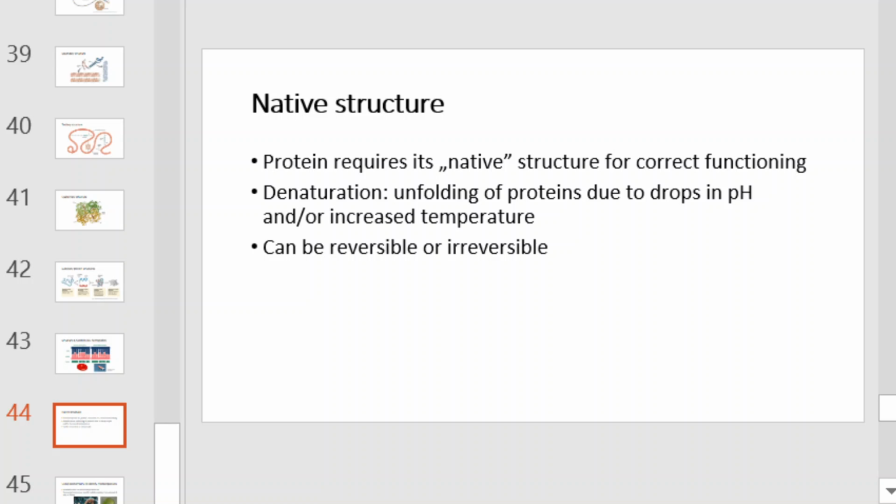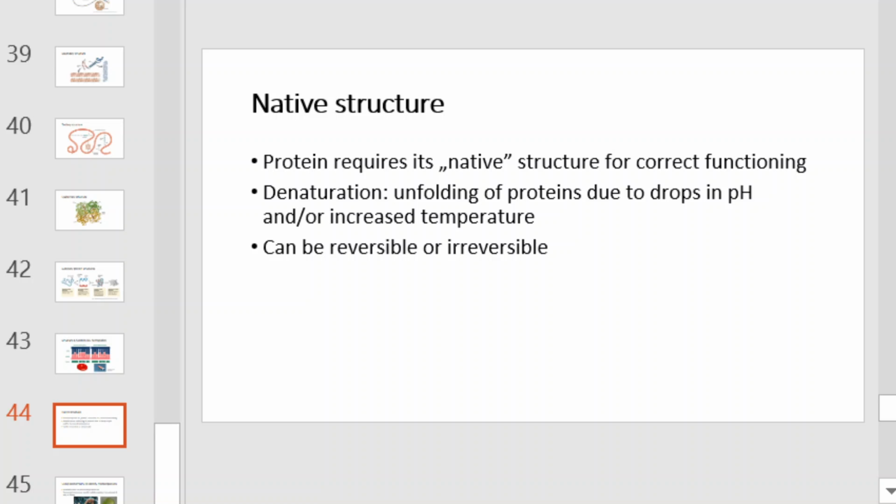Native structure. Proteins require their native structure for correct functioning. That native structure is the shape that it needs in order to do its job. As with any other quote-unquote living thing, we all have conditions under which we prefer to work, such as an appropriate temperature or pH. Proteins are no exception to this rule.